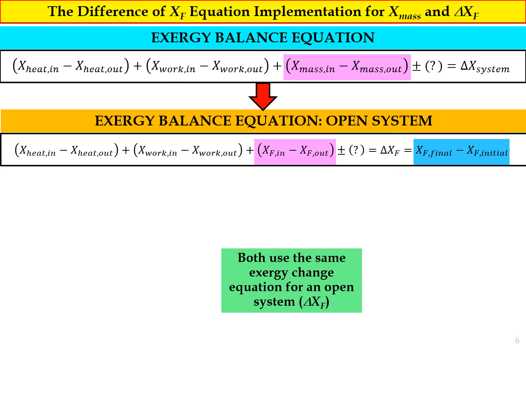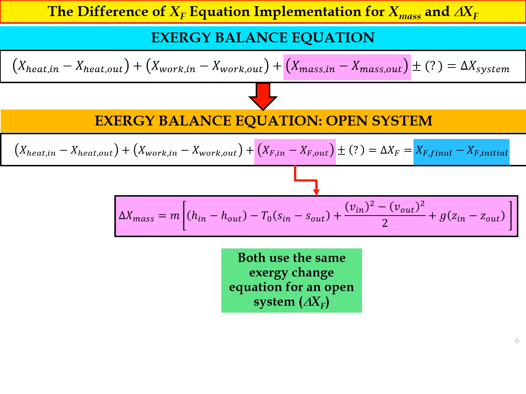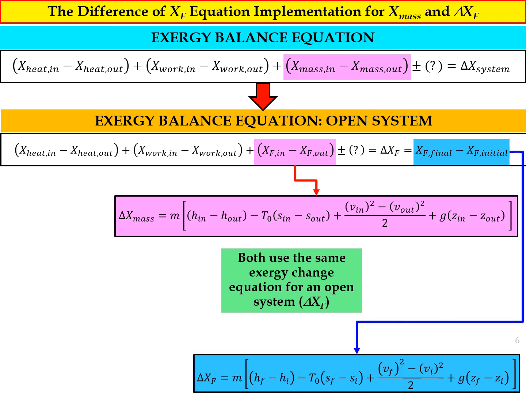Both use the same exergy change equation for an open system. If you look further, both use the same equation referring to the enthalpy, entropy, and also kinetic and potential energy. So what is the difference between these two?